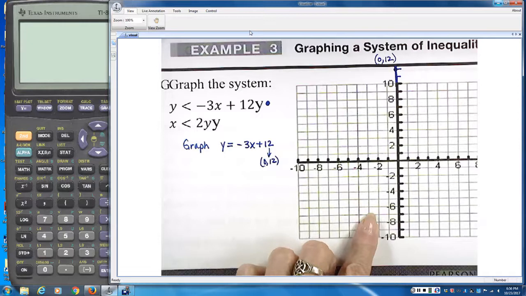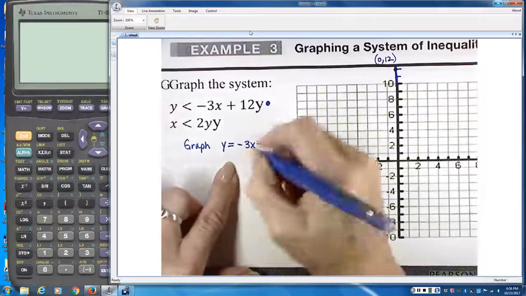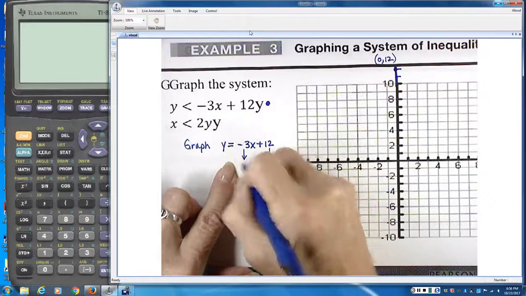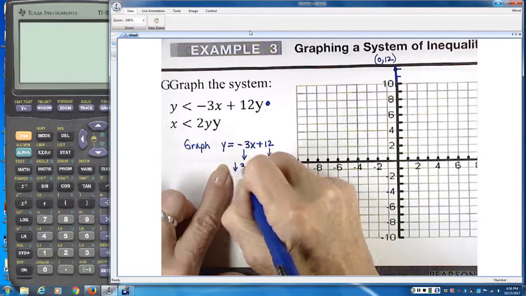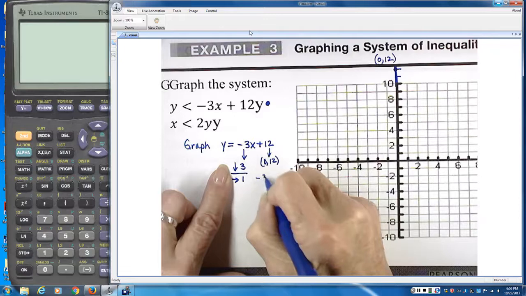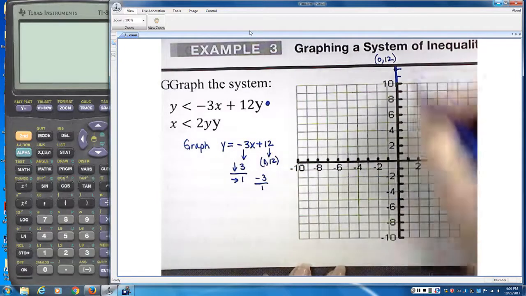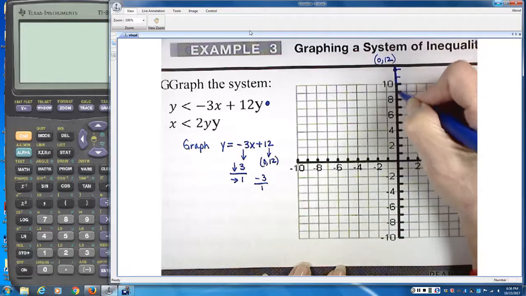And then the question is, okay, where do I get my next point? Well, this is the slope. So the slope tells you to go down 3 and right 1, because negative 3 is the same as negative 3 over 1. So you go from 12 down 1, 2, 3, and right 1.